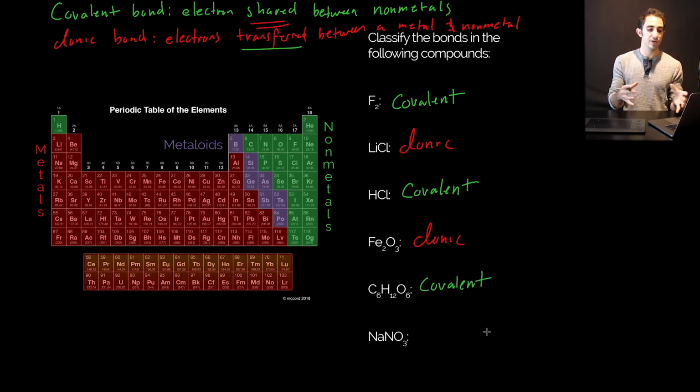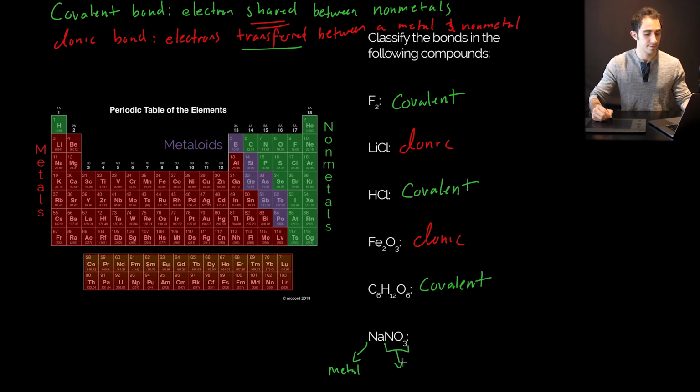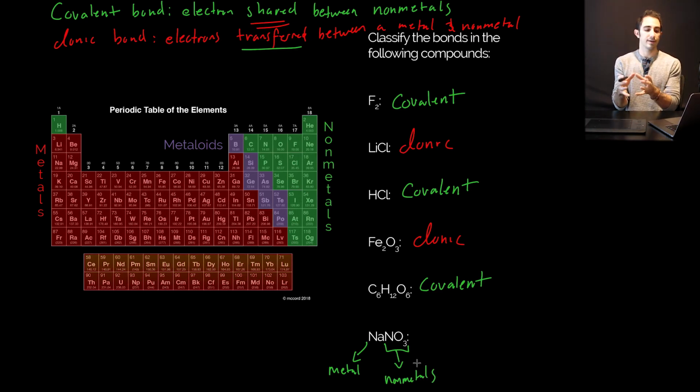Now here's a little bit of a challenge. We have sodium nitrate, NaNO3, and what this is, you definitely have a metal here. And NO3 is all nonmetals, but it's actually its own ion. So the NO3 is a discrete ion, what we would call a polyatomic ion.